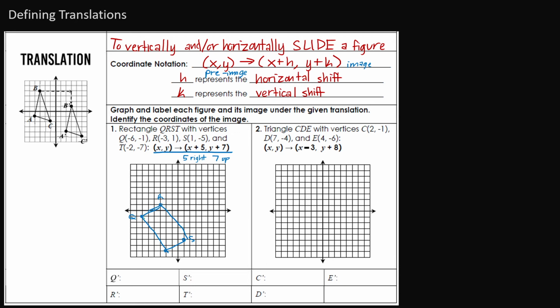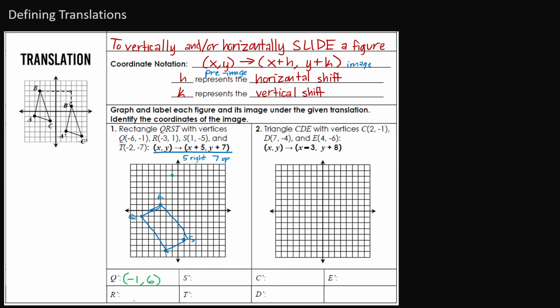So Q prime would be -6 plus 5, which is -1. -1 plus 7 is +6. So Q prime would be at -1, 6. And if we track that on the graph, that is moving 1, 2, 3, 4, 5 to the right, and 1, 2, 3, 4, 5, 6, 7 up.